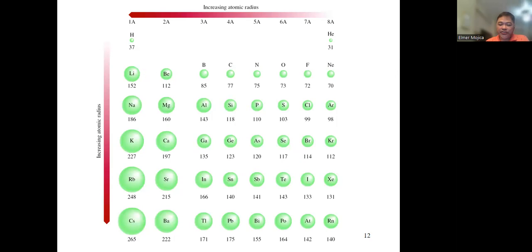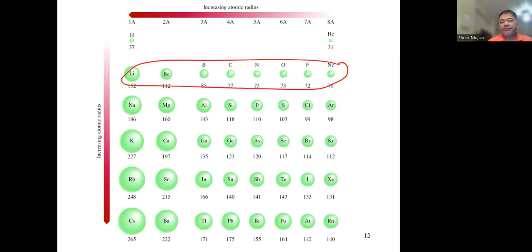So for questions like this, I want you to be sure of the points. What's a possible question? You're going to be given different elements and you're going to compare which is the smallest or which has the biggest atomic radius. Usually the comparison is within the same period or the same group.